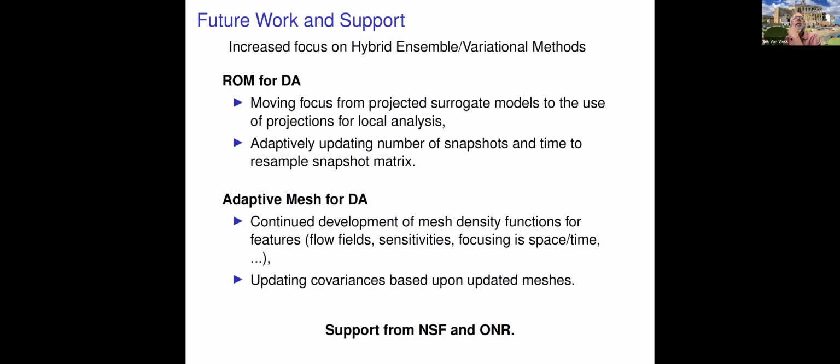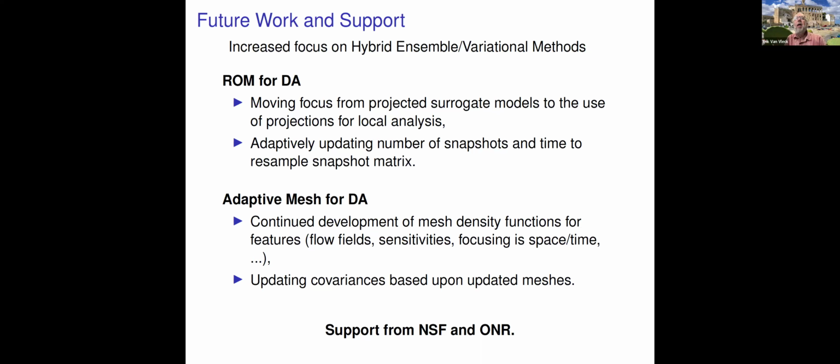And we're going to see if some of these reduced order modeling techniques can give us something there. Maybe we'll do fewer updates. And then there are adaptive ways we can update the number of snapshots and the time at which we resample the snapshot matrix. Do we see the accuracy fall off? So do we need more snapshots, or do we need to resample?